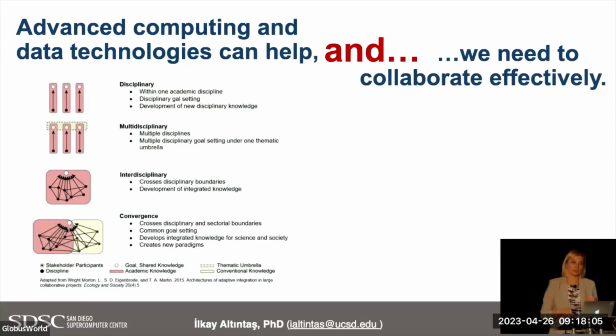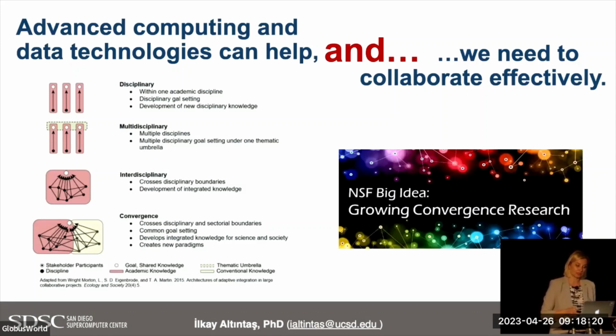And of course, they are solvable, at least parts of them are solvable, or we can help through advanced computing and technology. But we also need to learn how to collaborate effectively, and workflows, I think, have a huge role in that collaboration and convergence of teams.